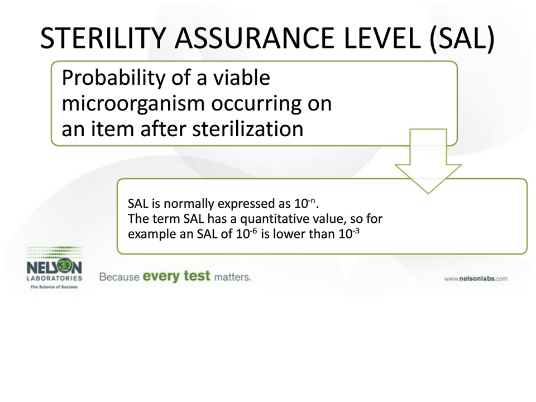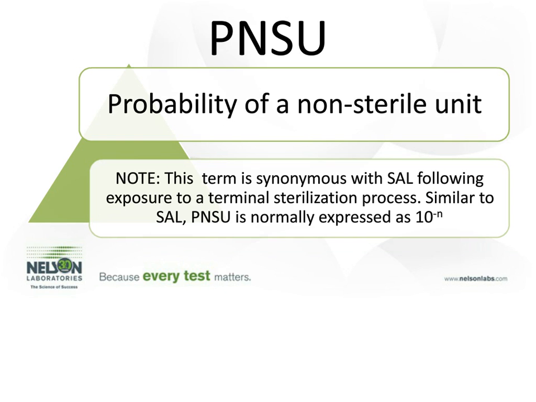When it comes to sterility assurance levels, it is widely used in the application of a terminal sterilization process. And the medical device industry has defaulted to using the term sterility assurance level when talking about a sterile product. A concept that we are going to introduce in the new document is actually probability of a non-sterile unit.